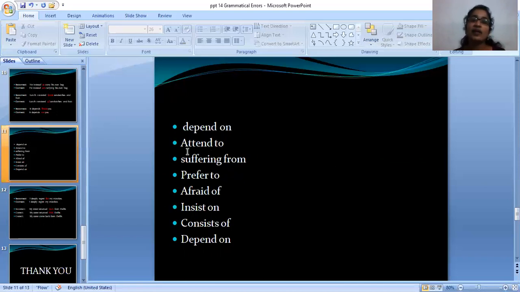If you are mentioning the verb suffer, you have to use the preposition "from": suffering from, suffer from. And if it is prefer or senior or junior, superior, inferior, you have to use the preposition "to". Whenever you use afraid, it has to be with "of", afraid of. Insist on, consists of, depend on.